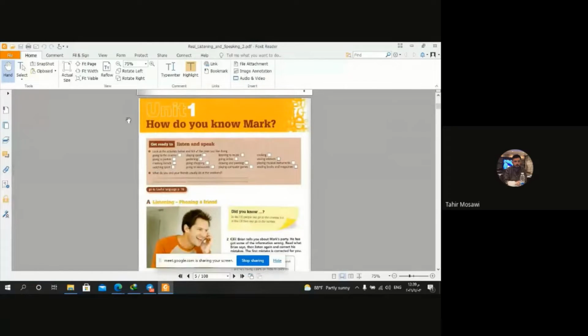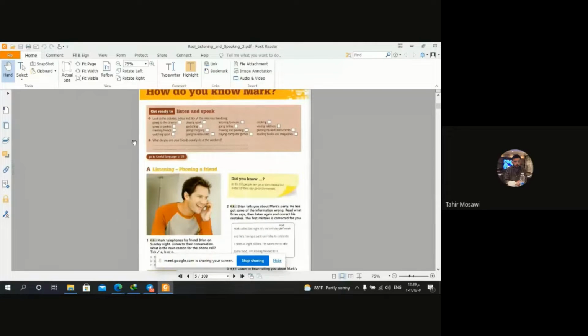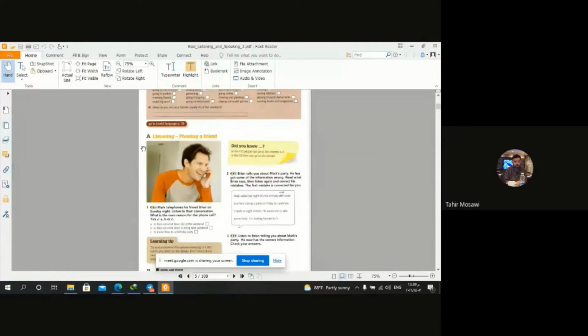In Unit 1 we learned certain strategies, like how to make a phone call, how to answer a phone call, how to start a conversation with somebody you don't know, how to invite someone to something, and how to answer the person who invites you, either by accepting the invitation or rejecting it.